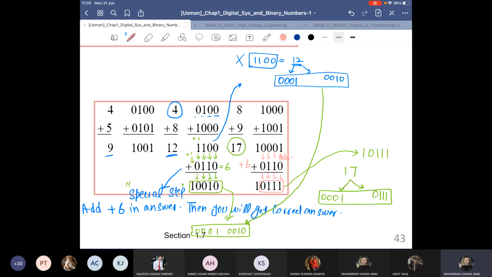This one is equal to this one, and this one is equal to this one. So this way you can do your binary addition. This is for number 1, and this is for number 7. Okay, so I hope you understand.